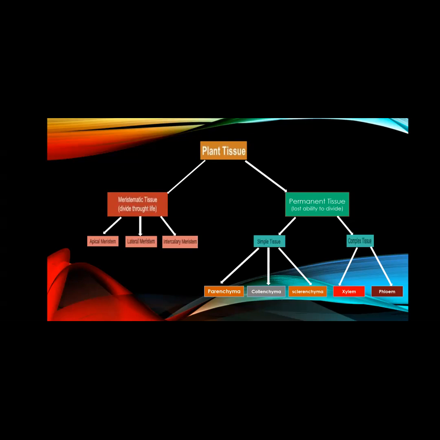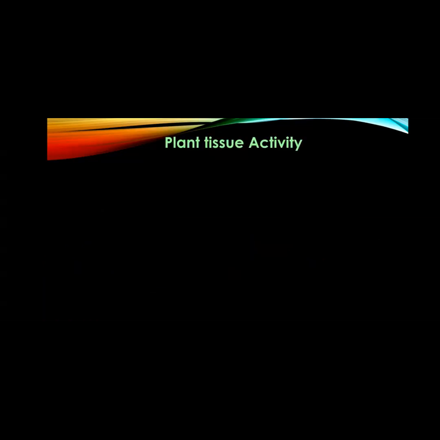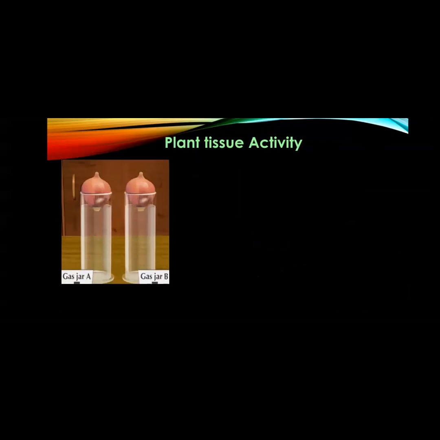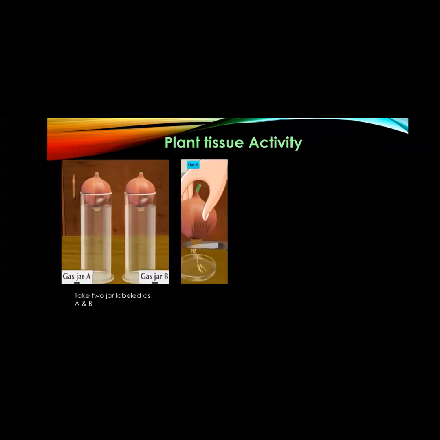Now let us look into detail of all these different types of plant tissues. We have an activity in which two onions are kept in two different jars labeled as jar A and jar B. We have to keep it in such a way that the bottom of the onion dips into the water.